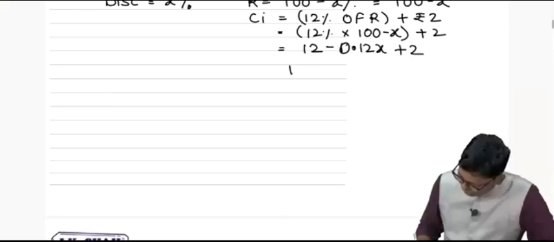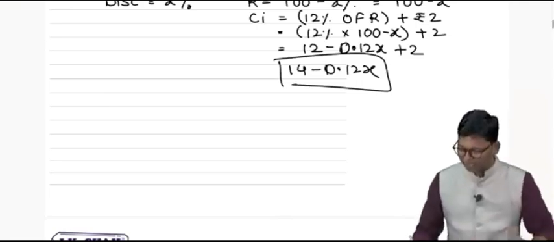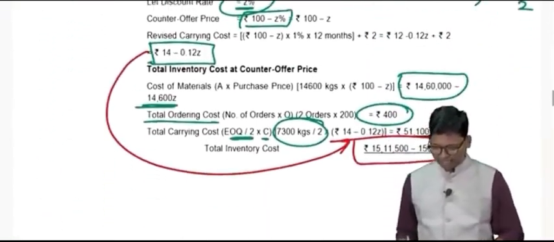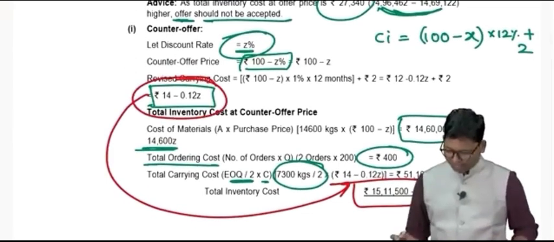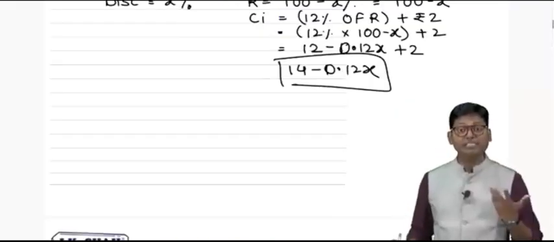So this will become 14 minus 0.12X, and the same carrying cost is given in the question. You can check now how this calculation took place, right? So this one is given in the question. Carrying cost is computed. It is 14 minus 0.12X.